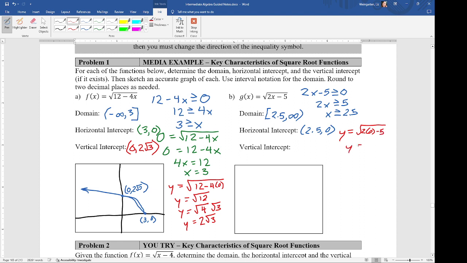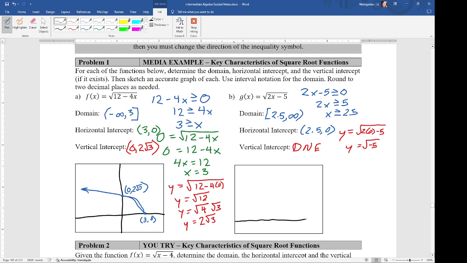We get y equal to the square root of a -5. So that's going to be an imaginary number. If you get an imaginary number, your vertical intercept actually does not exist. We only want numbers in the real number system.